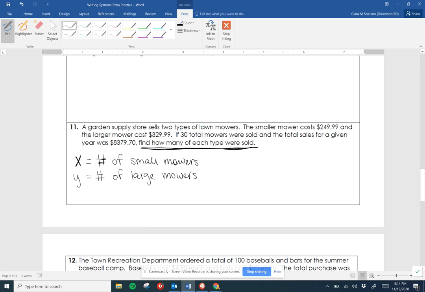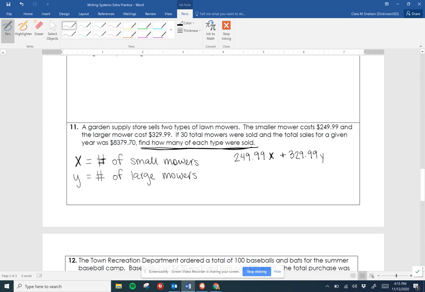The smaller mower costs $249.99, so we're going to say $249.99x. The larger mower costs $329.99, so plus $329.99y.